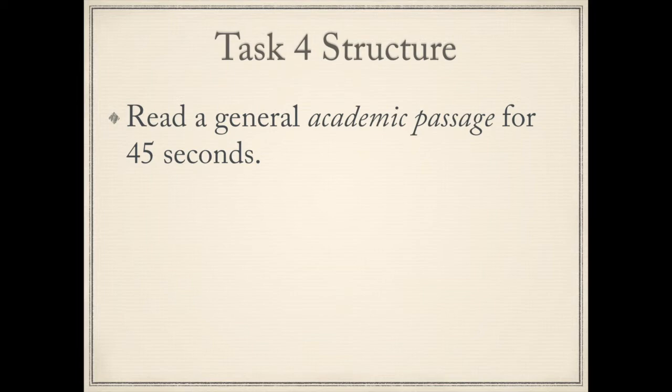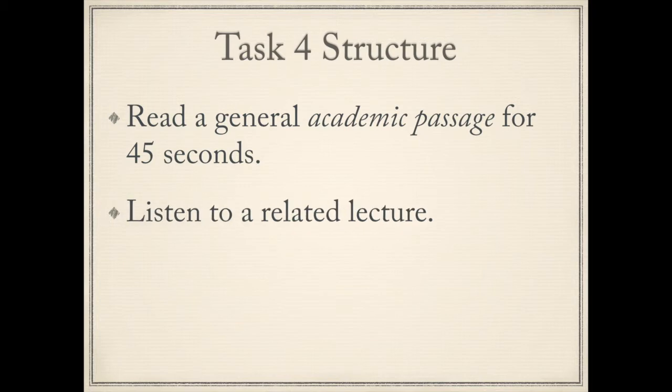It could be psychology or biology, physics, chemistry, math, or social studies, all kinds of subjects, but they are all general and easy enough to process. If there are words that are specific for the field, you will get a definition. So you will get a general academic passage for 45 seconds, and I'll show you this later.